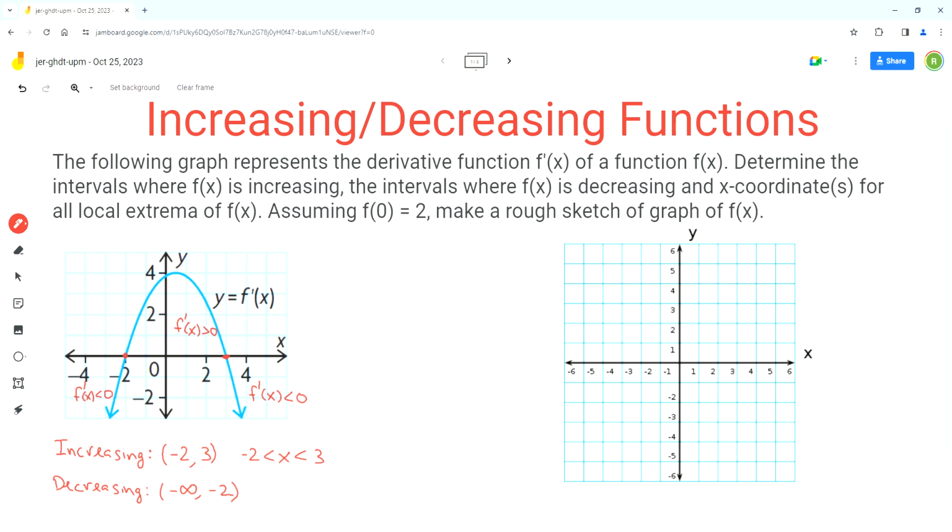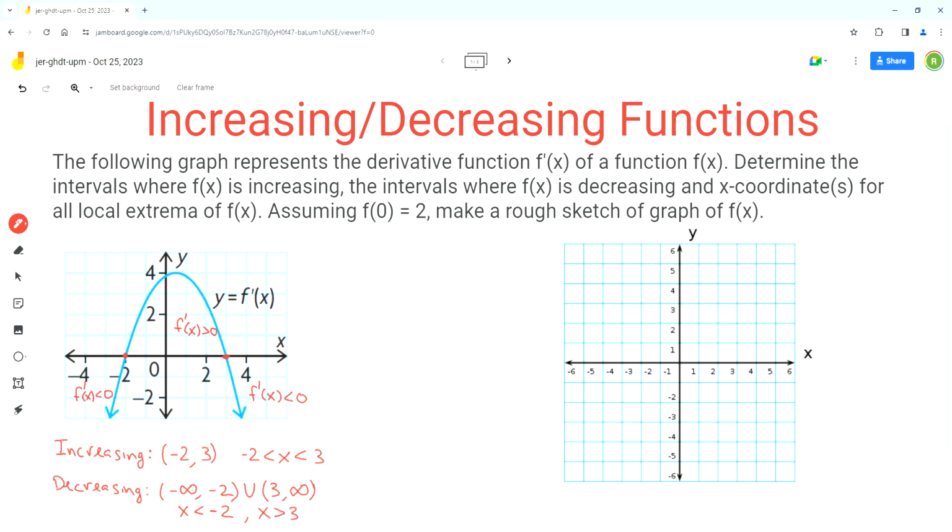And there is another interval over which this function is decreasing, and that's the part to the right side of the x-intercept 3. That can be written as (3, +infinity). Now in inequality notation, we can write these intervals as x is less than -2 and x is greater than 3. So these are the increasing and decreasing intervals for f of x.